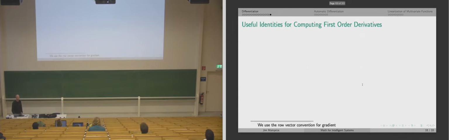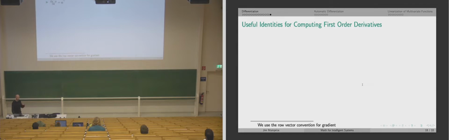So another way to do it, of course, is to have in mind identities which you use to compute vector-valued gradients. The first one that we saw was the dot product.